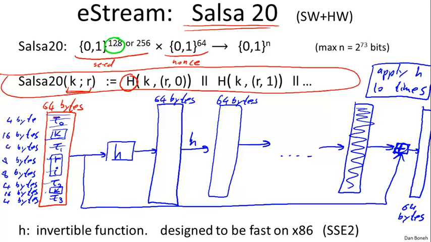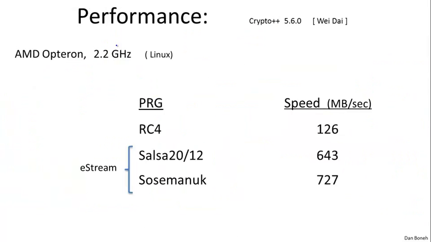So I should say that the eStream project actually has 5 stream ciphers like this. I only chose Salsa because I think it's the most elegant, but I can give you some performance numbers here. So you can see these are performance numbers on a 2.2 gigahertz x86 type machine, and you can see that RC4 actually is the slowest because essentially, well, it doesn't really take advantage of the hardware.